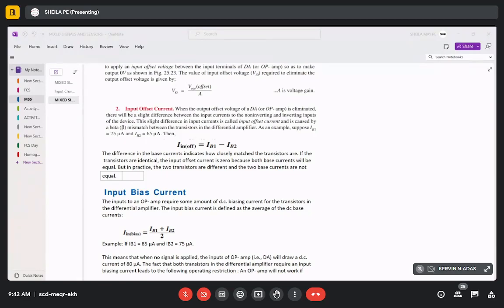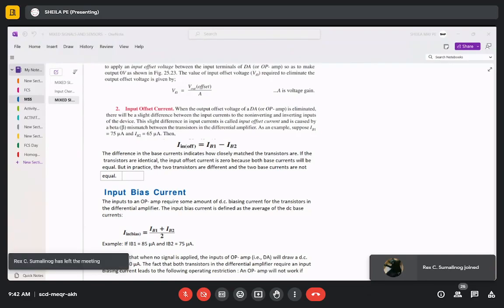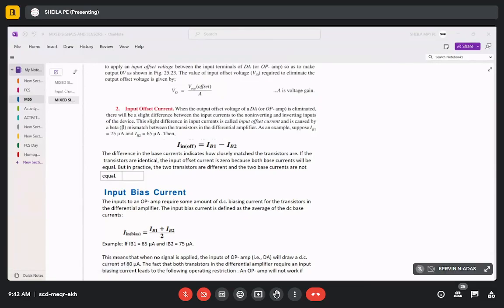So that should be how much? 80 microamperes. This means that when no signal is applied, the inputs of our operational amplifier will draw a DC current of 80 microamperes. So if no signal is applied to the two inputs, class, remember in a transistor we have V1, V2, VB1, VB2, which we call single-ended input.